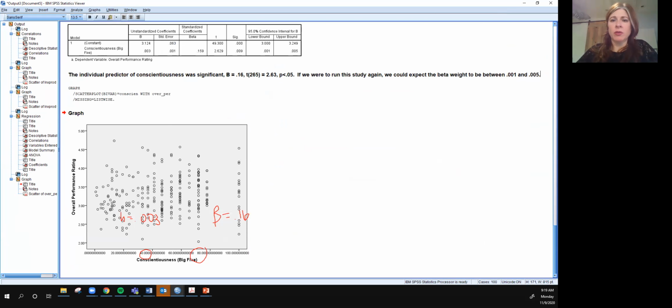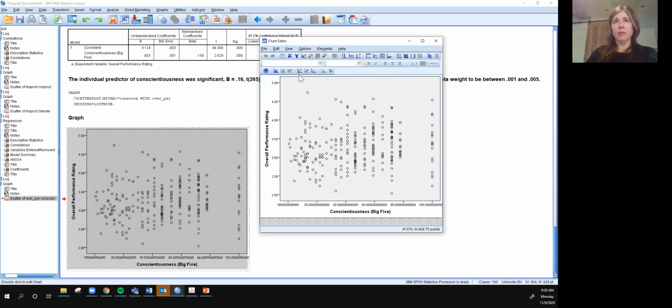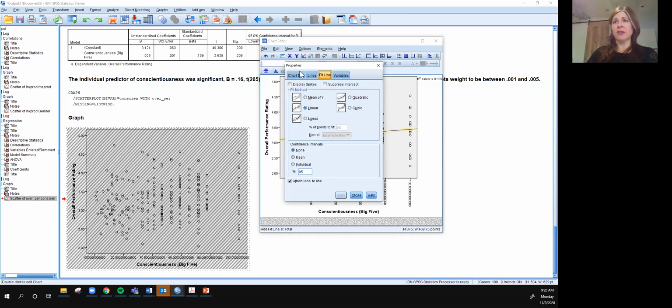Let me clear my drawings. Okay. So good. We look here and we see there's no U-shaped pattern or S-shaped pattern. I do notice this does not look good and we would want to change that. I'm going to find this fit line at total just like we did last time.